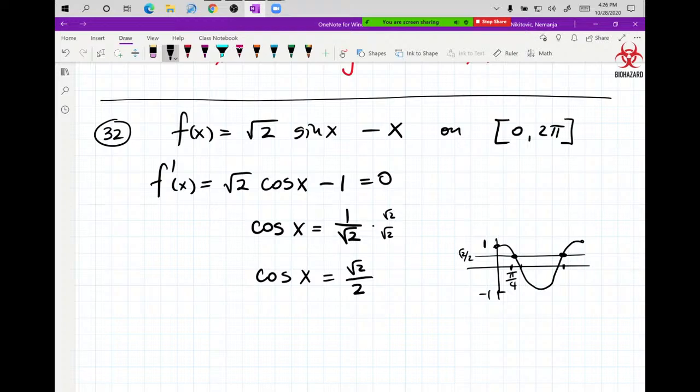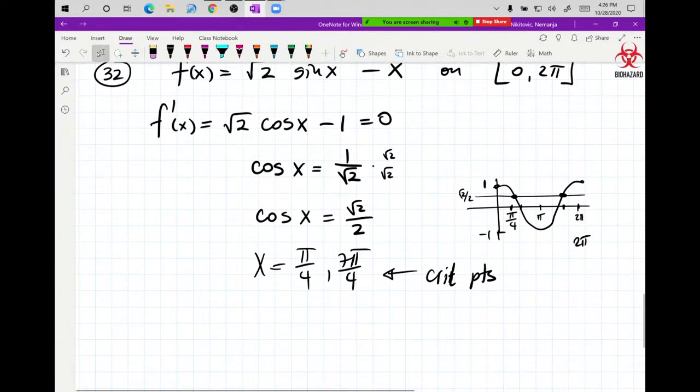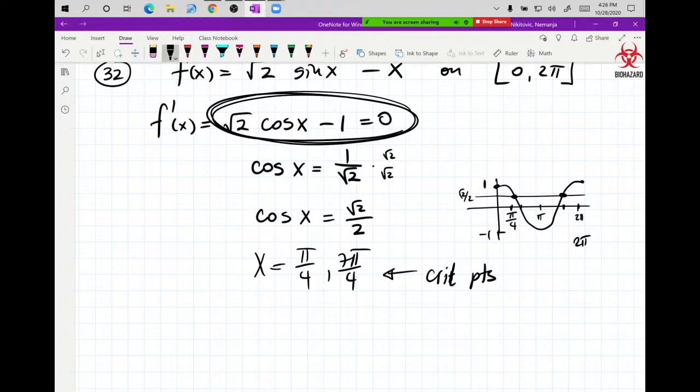This is pi over 2, this is pi, this is 2 pi, so 7 pi over 4. I was wrong. Okay, so x is equal to pi over 4 and 7 pi over 4. These are my critical points. And we got that by solving this basic trig equation.